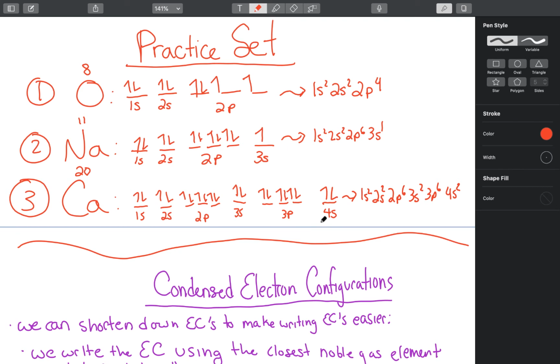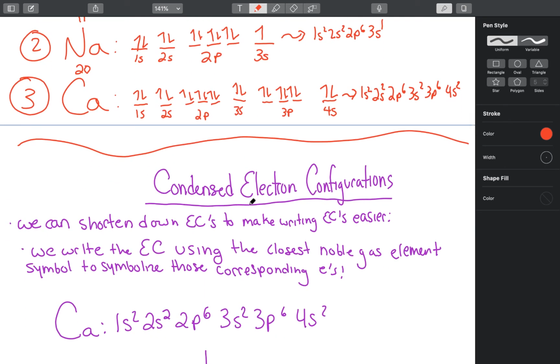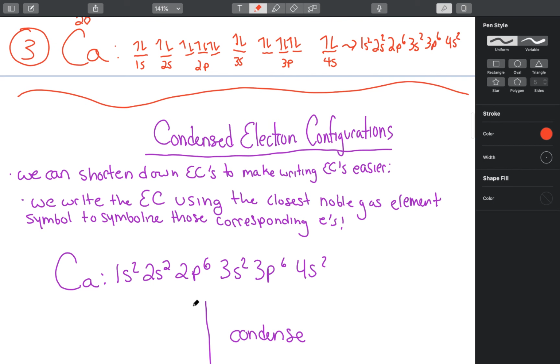So you may have noticed that some of these electron configurations are very long, calcium being one of them. That was a lot of things we had to write. So we can actually condense electron configurations, and we can shorten them down by writing the closest noble gas element to that particular element that we're writing the electron configuration for.